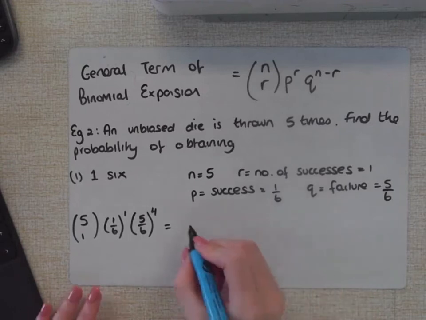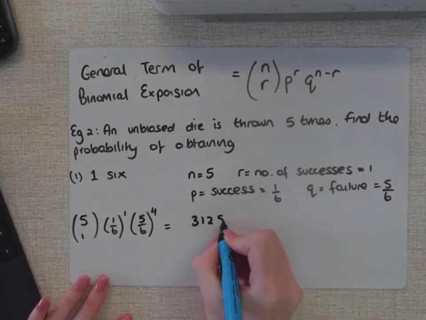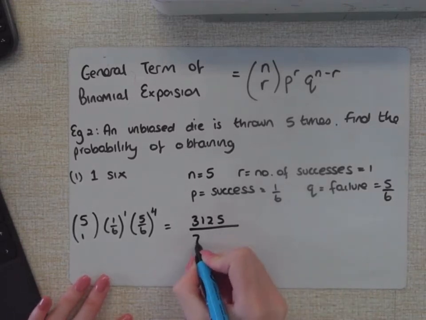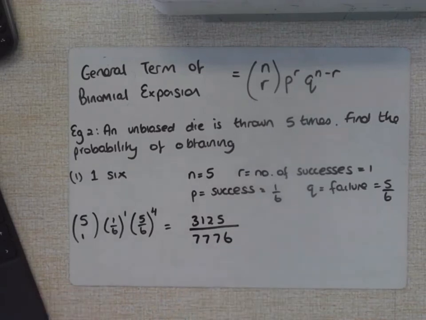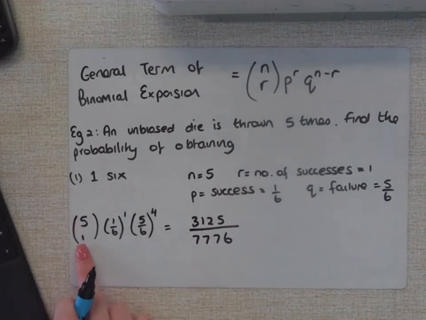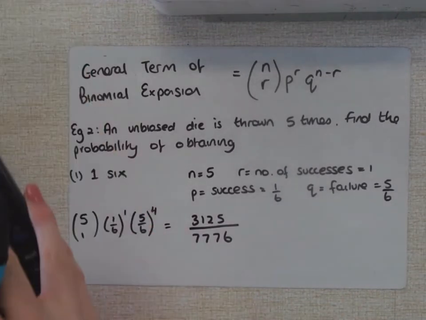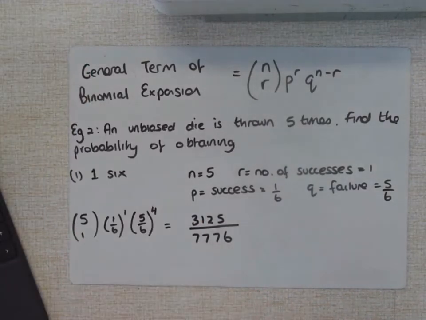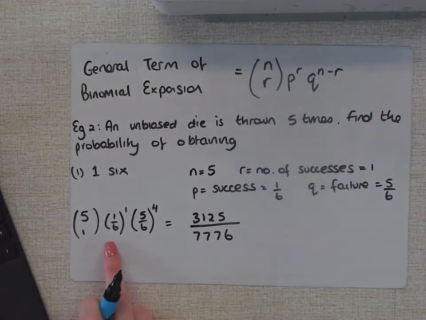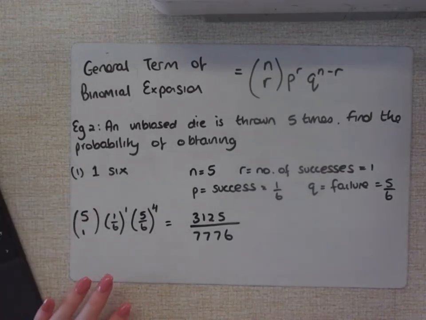Okay, so throwing that into my calculator, that's what I get. Okay, 5, choose 1, nCr, remember the button on your calculator. Okay, the choosing. Probability of success to the power of 1, failure to the power of 5 take 1. Okay, so that's 1/6. Let's do another.